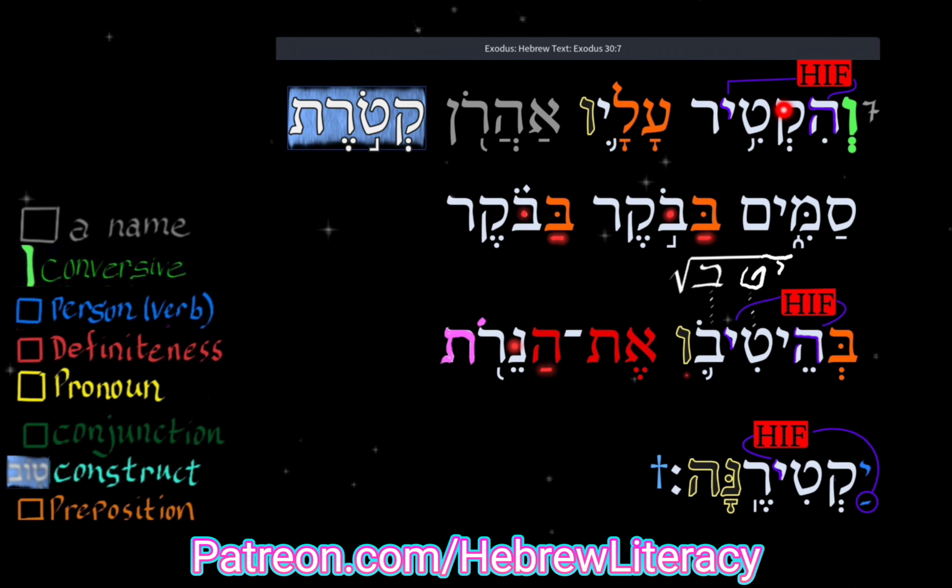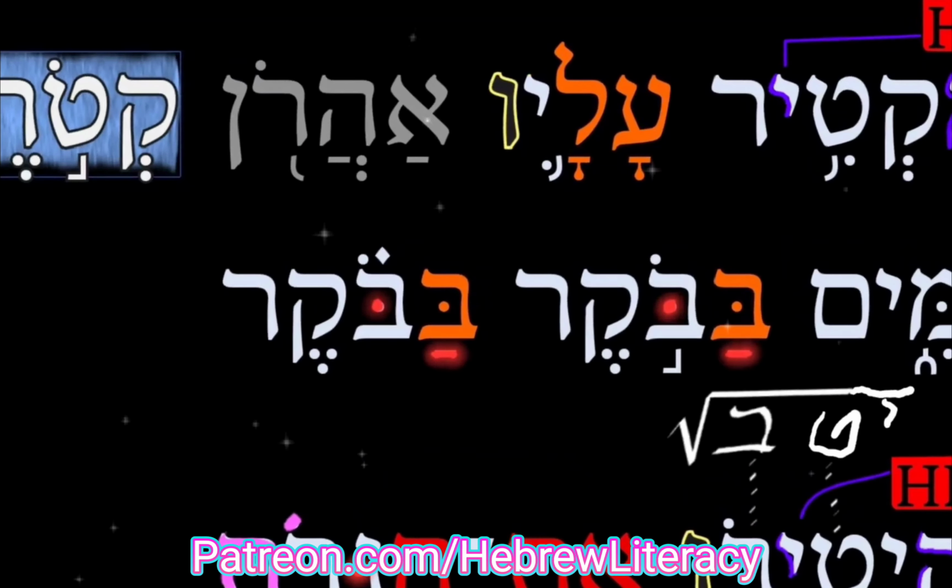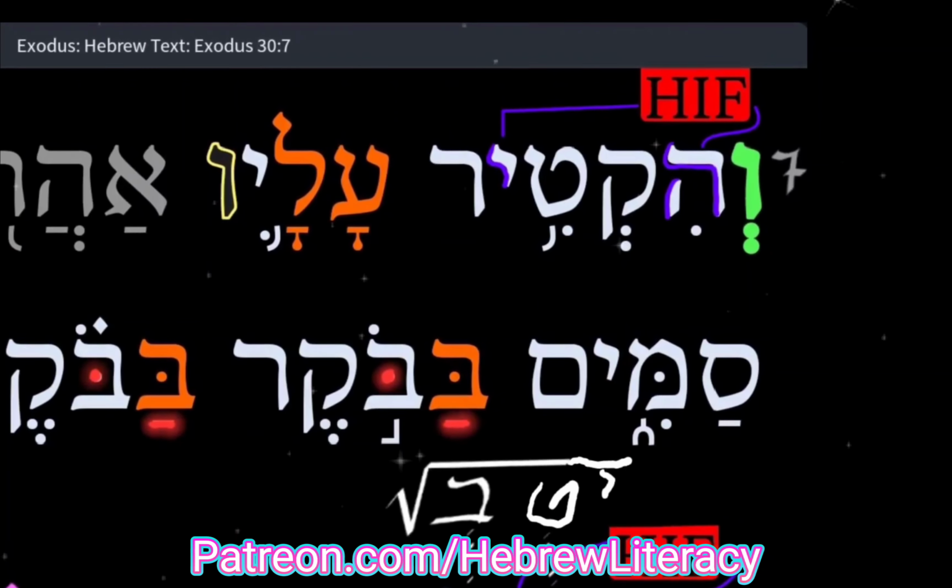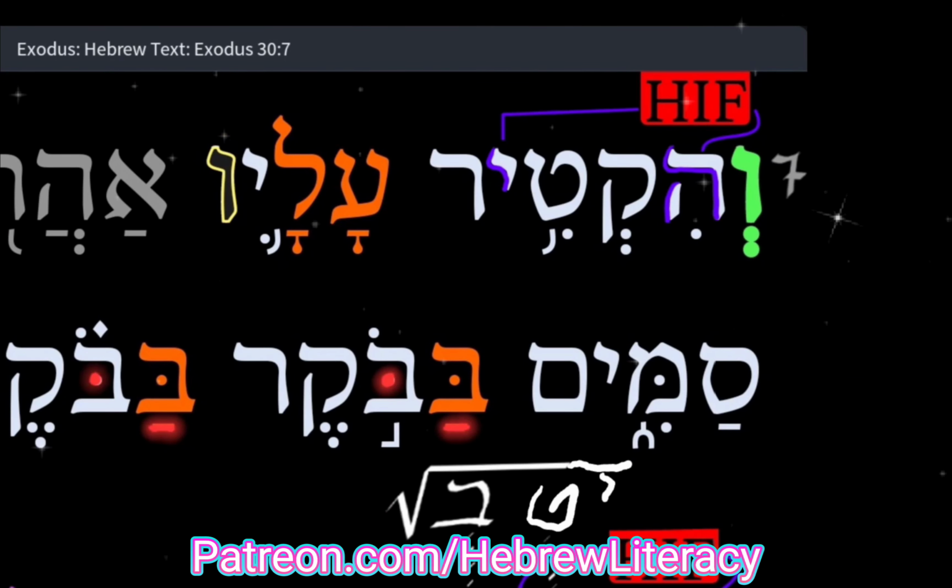Vehiktir. The verbal root is kuf tet resh. By the way, it's not that I don't know how to call it. There's different traditions, just for the haters out there, just so you're aware of what's happening. The hifil is indicated by the hey at the beginning and the yod jammed in before the third root letter from the verb.